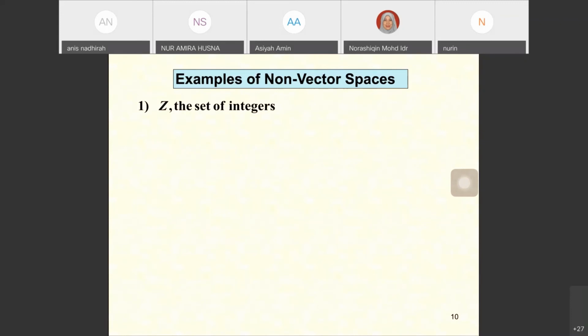Can anybody tell me which axiom Z fails? Anybody? Give an example. To disprove, remember we can give examples.